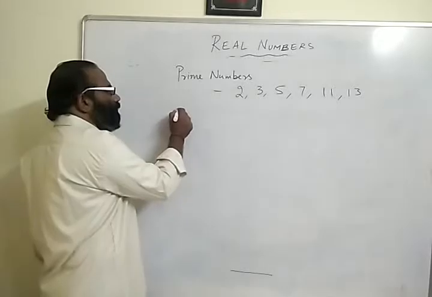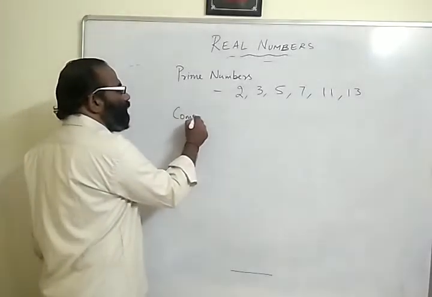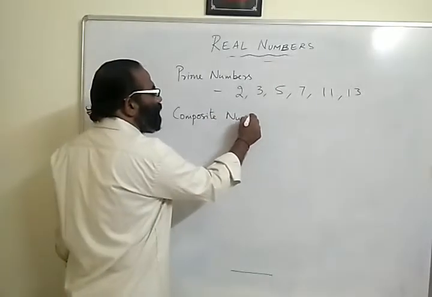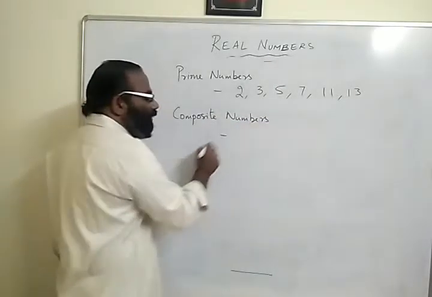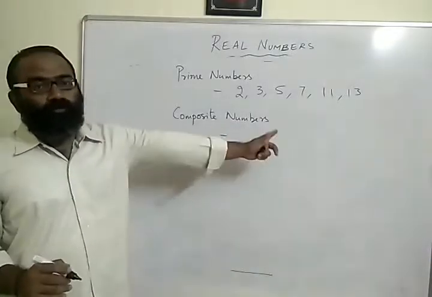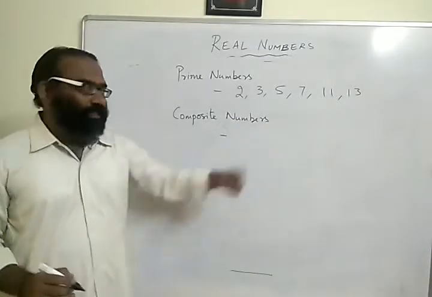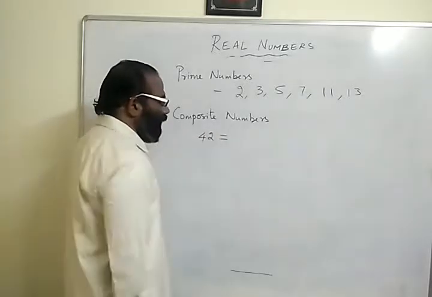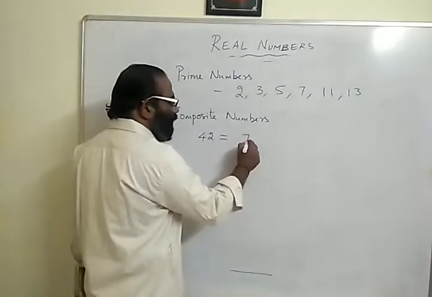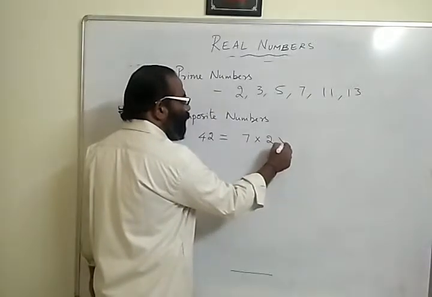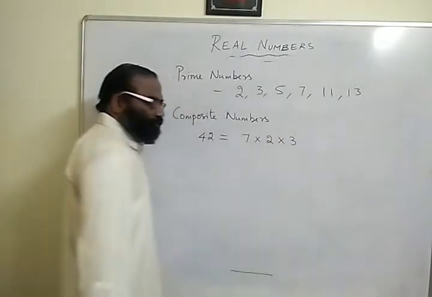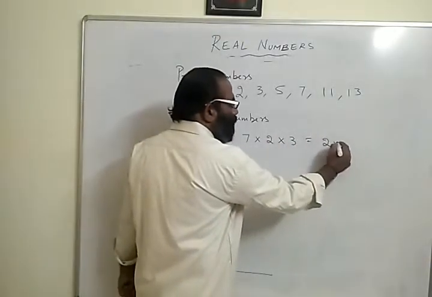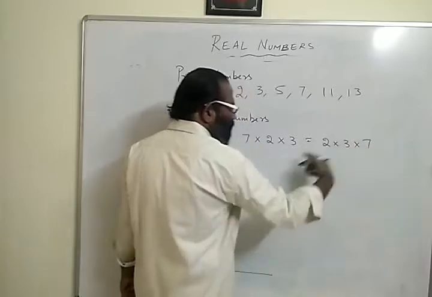Now, composite numbers. What are composite numbers? Composite numbers are those numbers which can be written as a product of primes in a unique fashion. Suppose I have 42. How can I write it? I can write it as 7 into 2 into 3, or if I want to write it in order, 2 into 3 into 7.